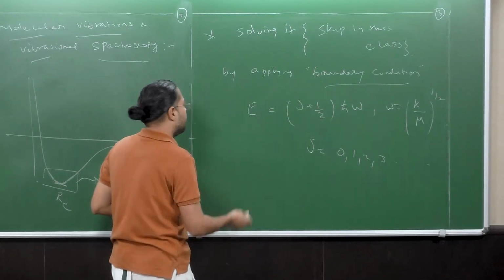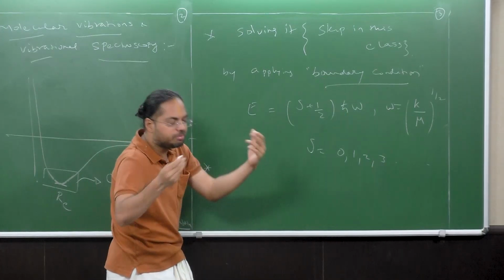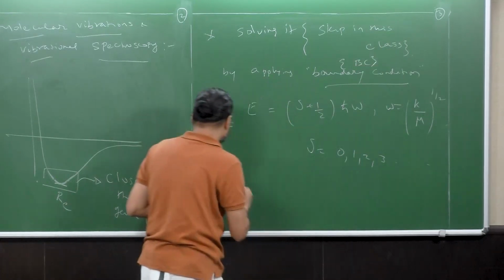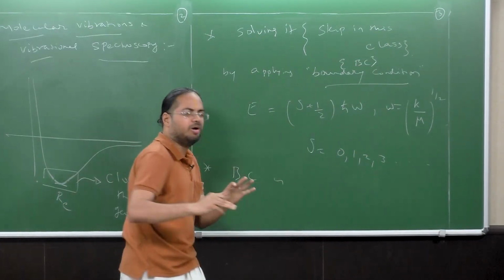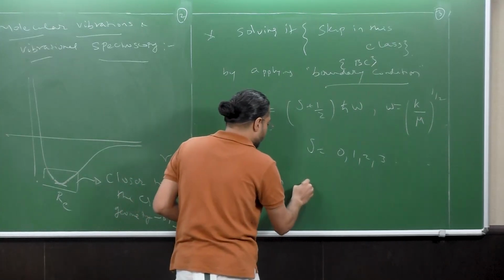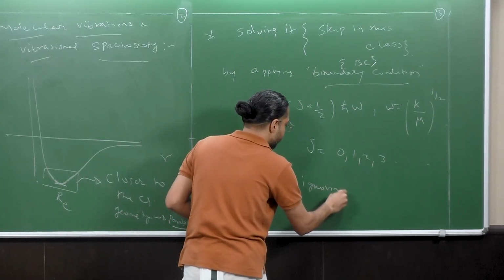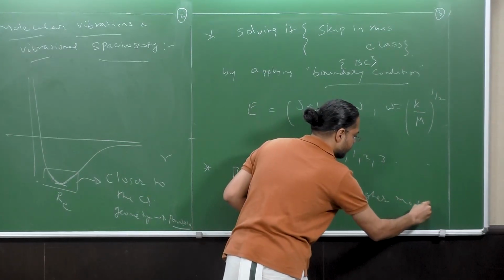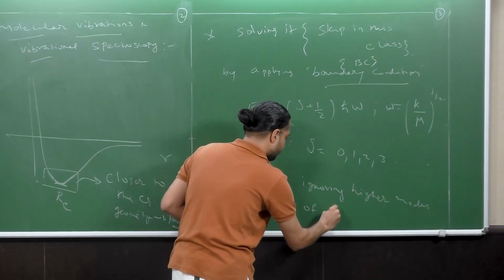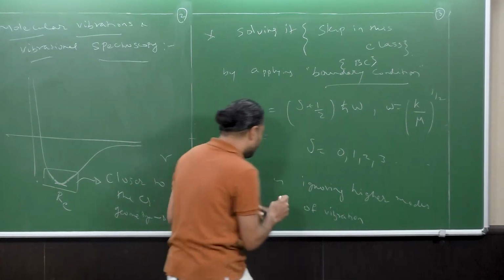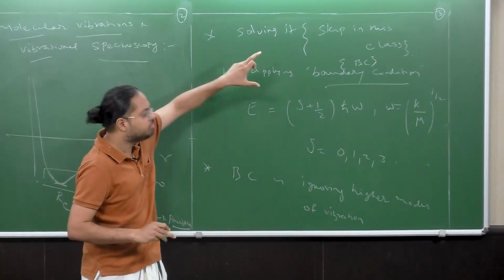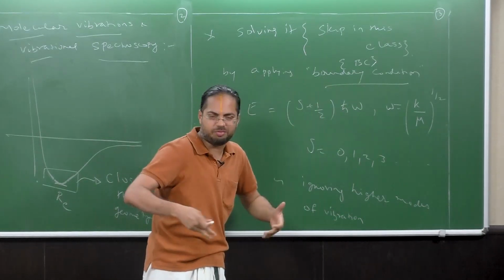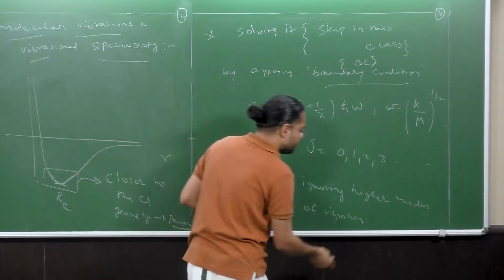The specific boundary condition applied here, I'm just going to call this BC, vaguely translates into ignoring higher modes of vibration. It's only a vague physical analogy because, more strictly speaking, the boundary condition can be well defined only in terms of math, which we are completely ignoring for our purpose. Ignoring higher modes of vibration.